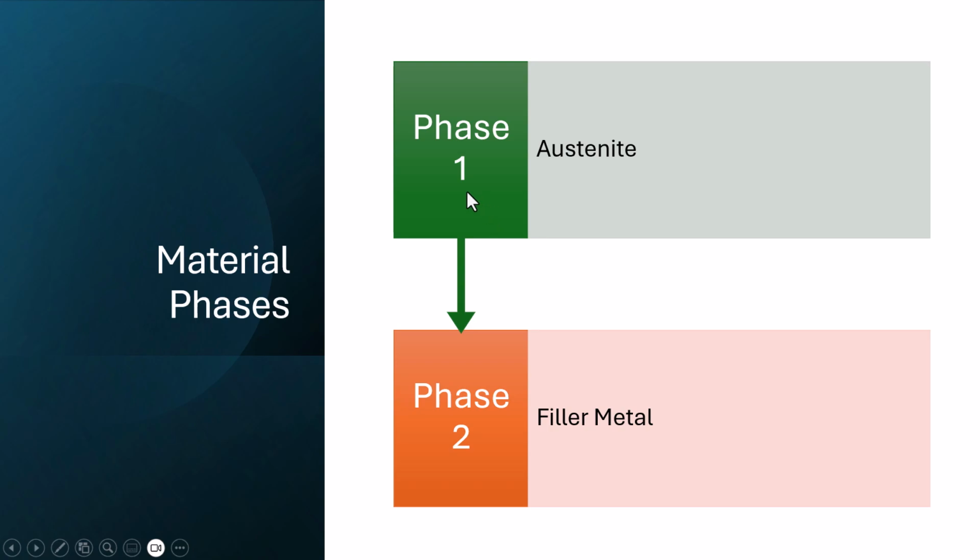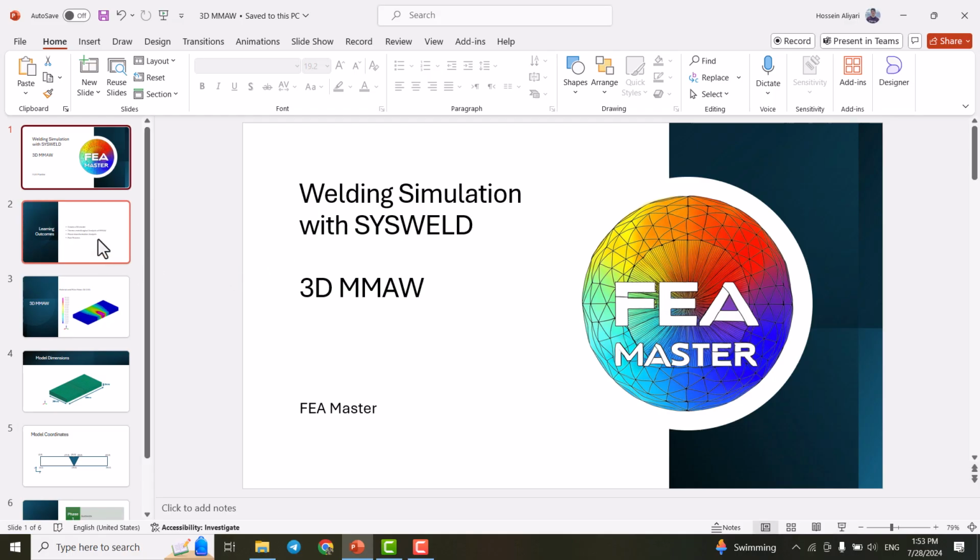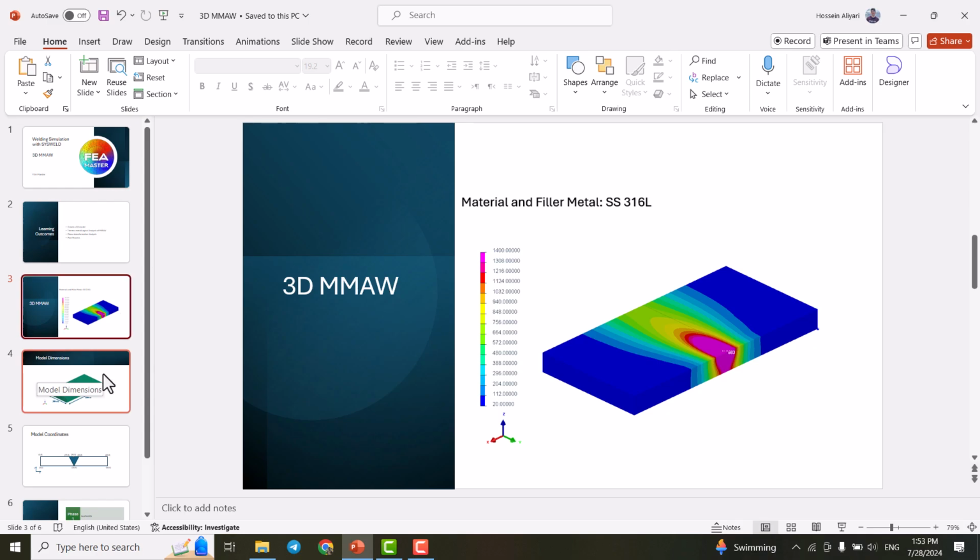The first phase is austenite, and while we're doing the simulation and thermal analysis, it's going to turn to ferrite, and the second phase, as always, is a filler material. So the heat source is the same. It's a goldak because we're going to do the manual metal arc welding, and everything else is pretty much the same. The major difference is the model creation.